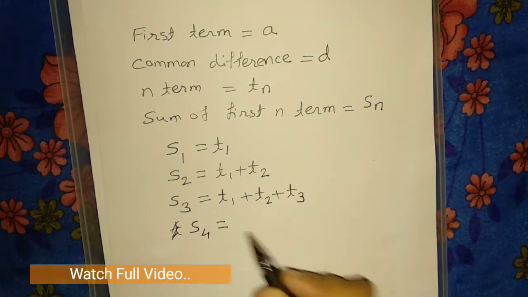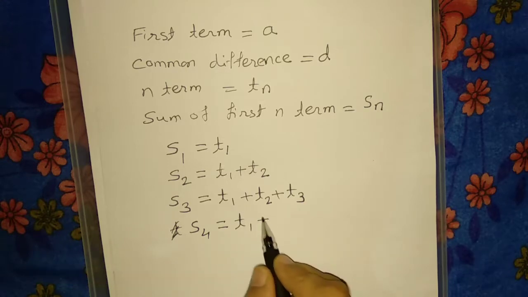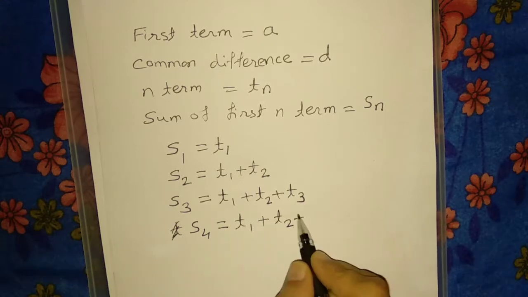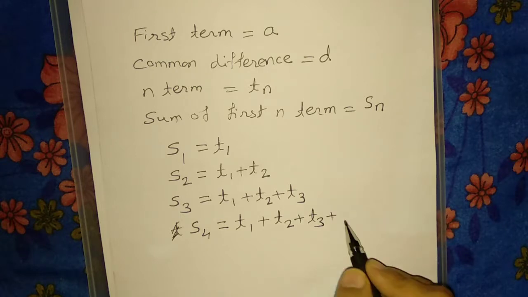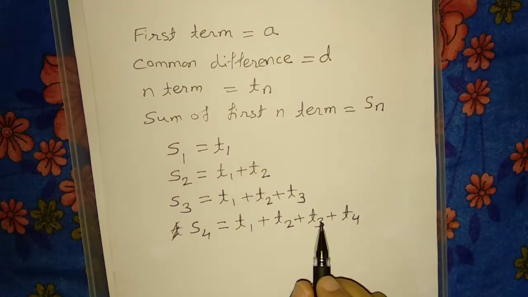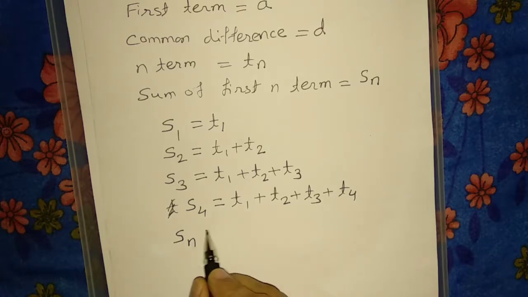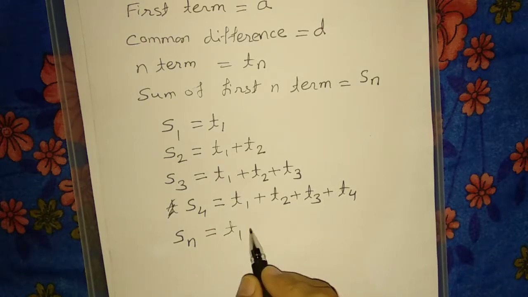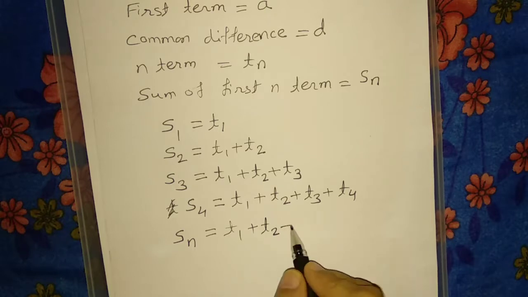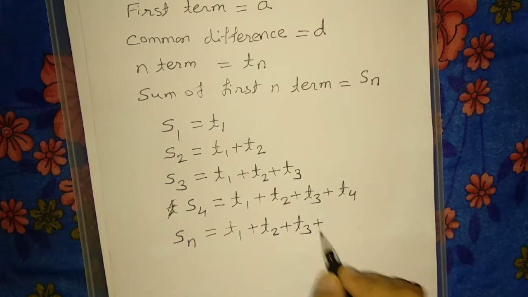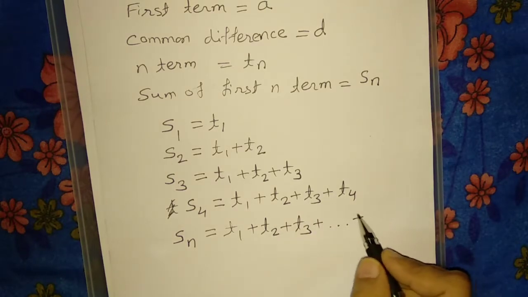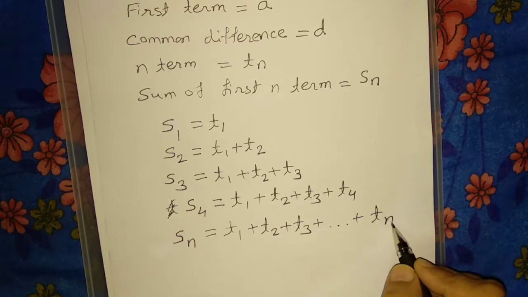S4 is equal to T1 plus T2 plus T3 plus T4, and therefore Sn is equal to T1 plus T2 plus T3 plus last term Tn.